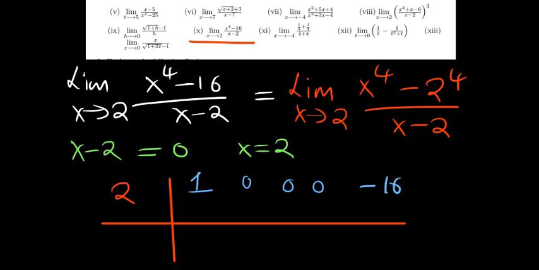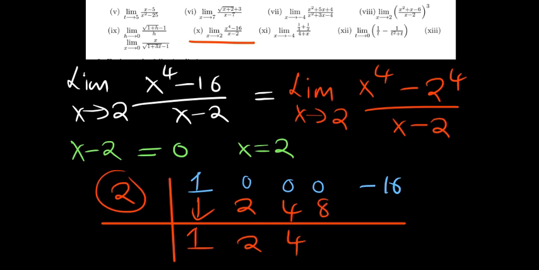What you do is for the first one, just put it down, and then you'll be multiplying by the 2 now. 2 times 1 is a 2, plus 0 is a 2, 4 plus 0 is a 4, that's 8, that's now 8, so that's now 16, remainder 0. So at that point, what you have after dividing is this.